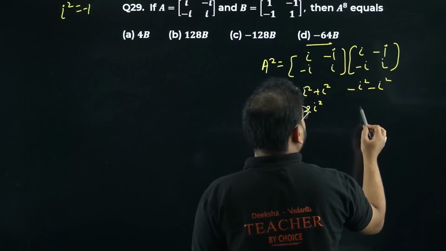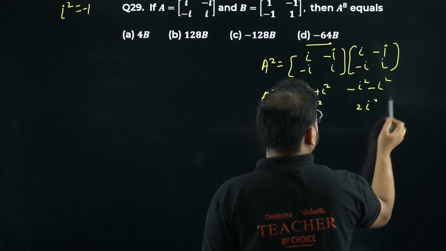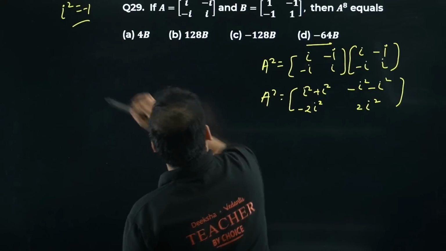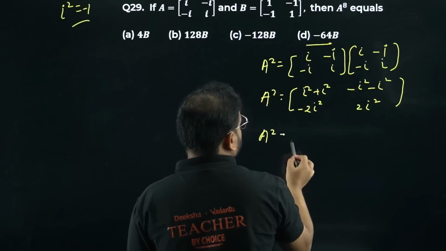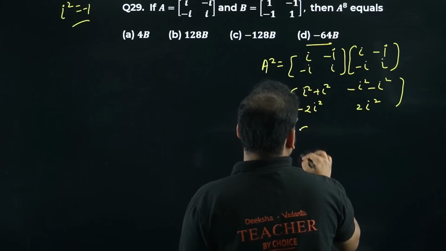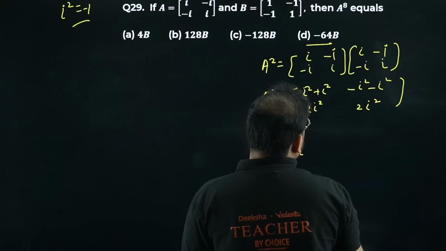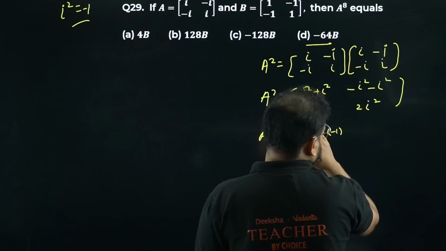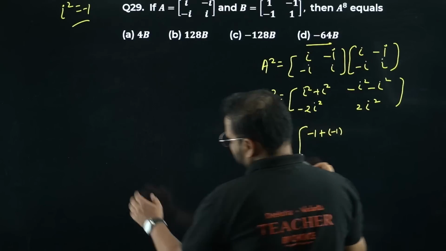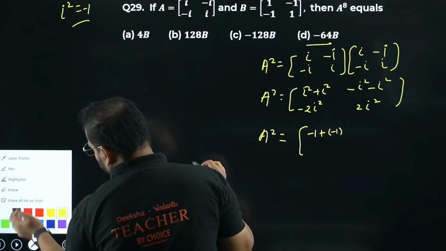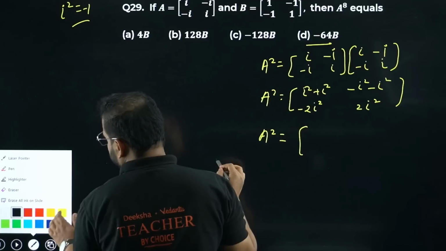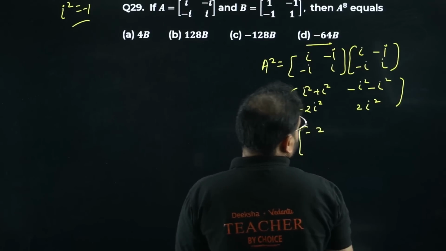Over here I get plus i square and plus i square, so basically 2i square. I can put the value of i square from there. So I'll have A square value coming as minus 1 plus minus 1. Simply I can write it as minus 2.